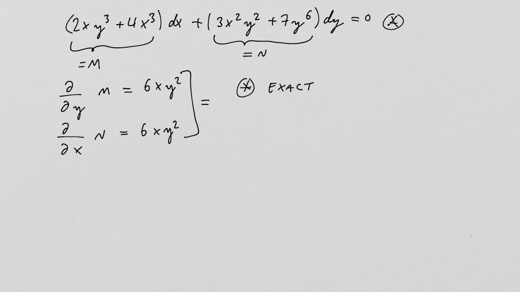And we would want to find now the function f in such a way that if we differentiate f with respect to x, we get m, and if we differentiate f with respect to y, we get n. So how should this function f be? We get two expressions.